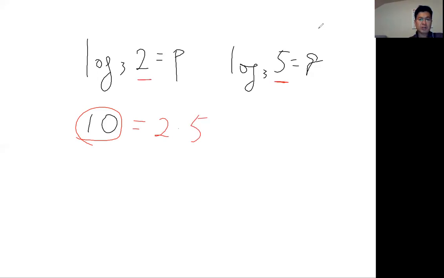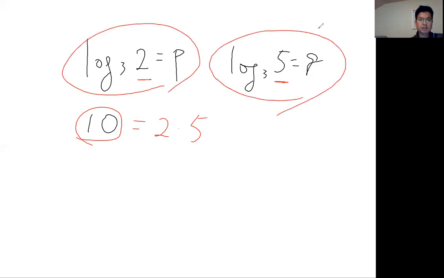So we switch this to a different format, which is exponential expression. As I said earlier, base goes down to base, and we switch it. So 3 to the p is 2.